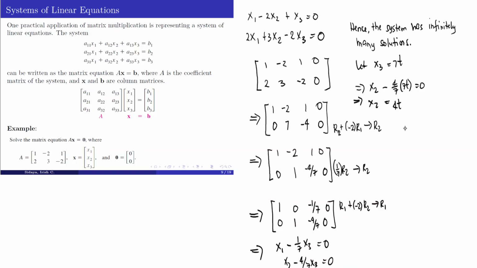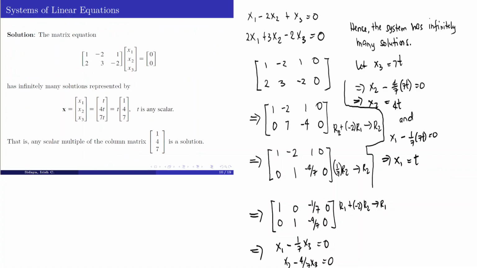Also, x sub 1 minus 1 over 7 times 7t is equal to 0. This implies that x sub 1 is equal to t. Okay?